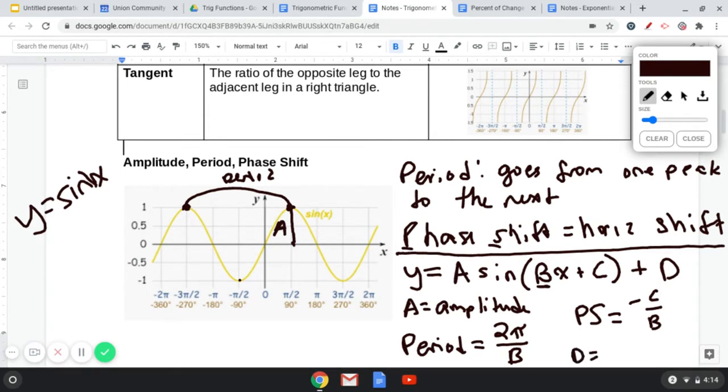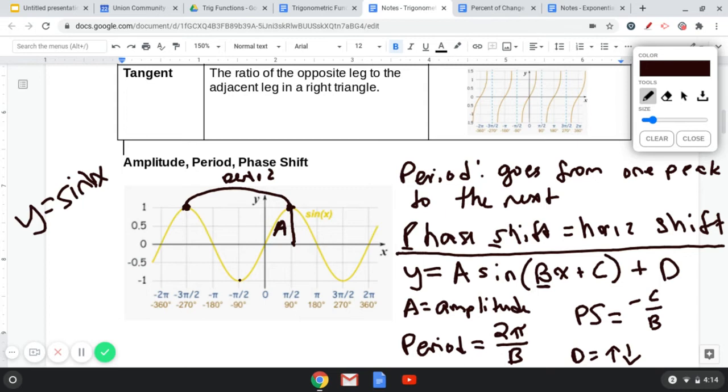And then d moves it up or down, just like any other function. And this is how you can calculate amplitude, period, or phase shift using the different parts of the function. And we'll do a couple examples with this.